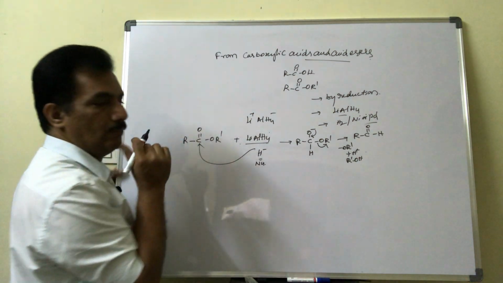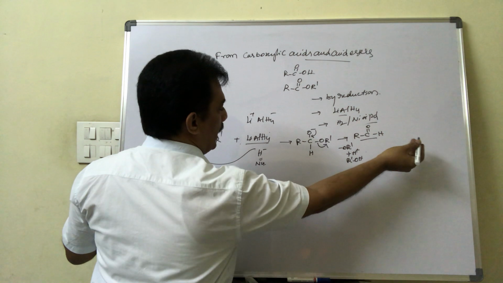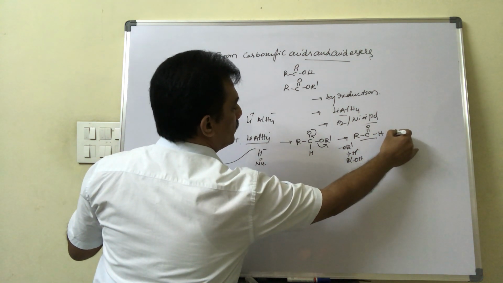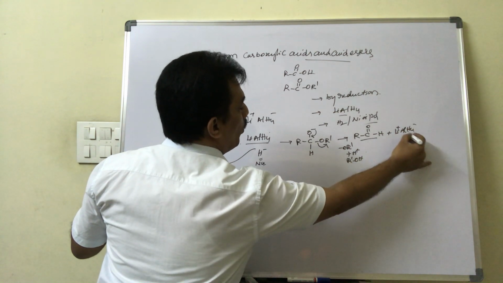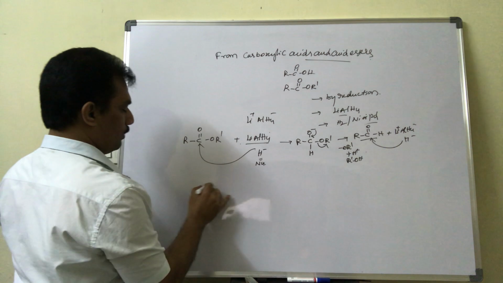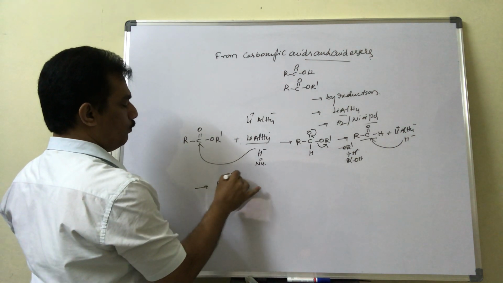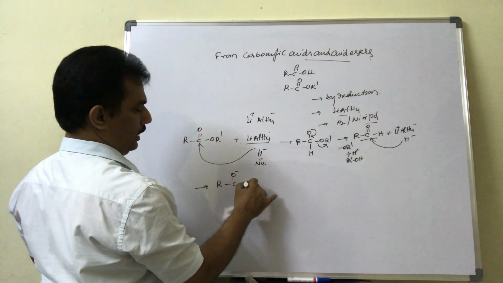That is, an alcohol will form. And now here one alcohol, and then, as usual, the next LiAlH4, one more H- will attack on this, where it is forming RCH2O-.